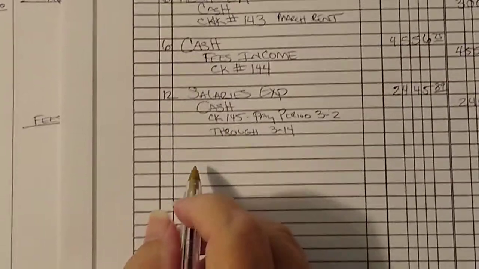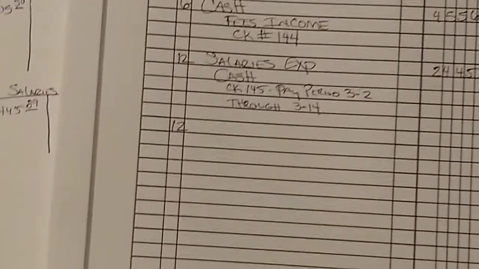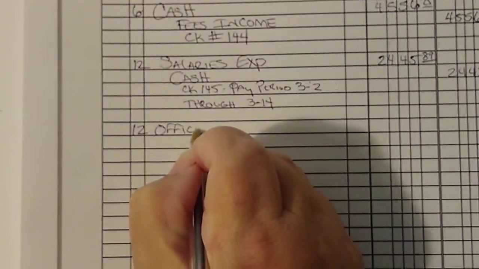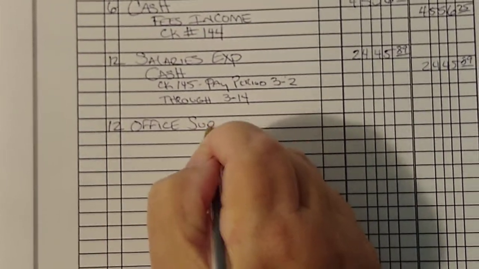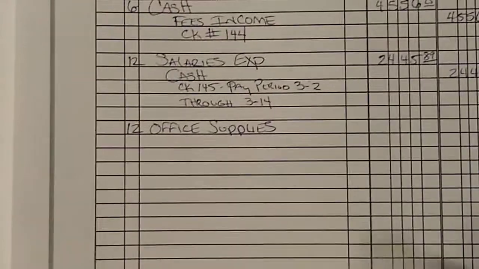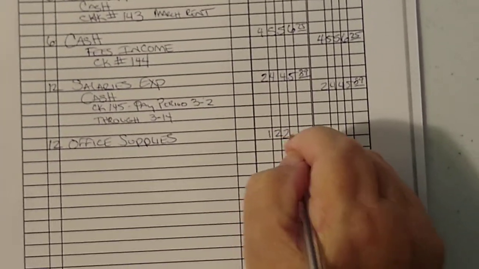Okay. Take the journal. The date was the 12th. Okay, what account got debited? The account that got debited was the office supplies. Okay. 1,222. And what got credited?